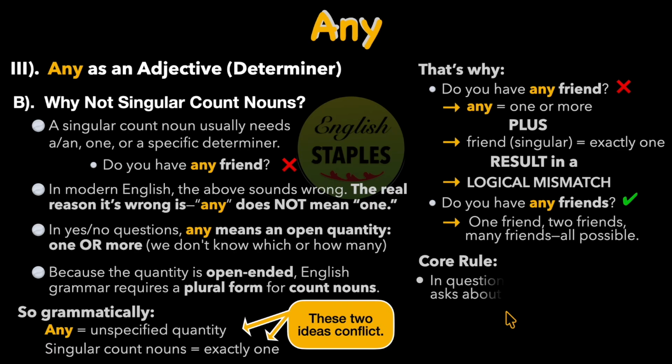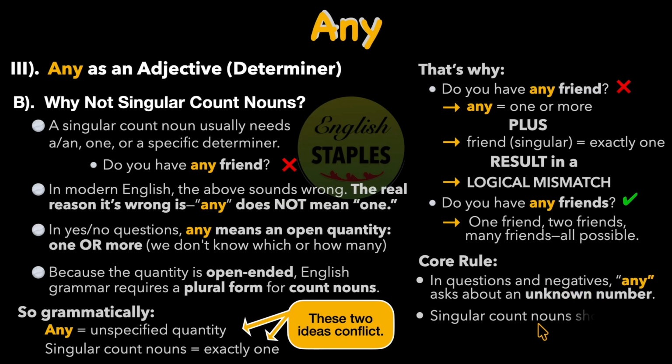So the core rule: in questions and negatives, any asks about an unknown number. In questions and in negative statements. Singular count nouns show one.